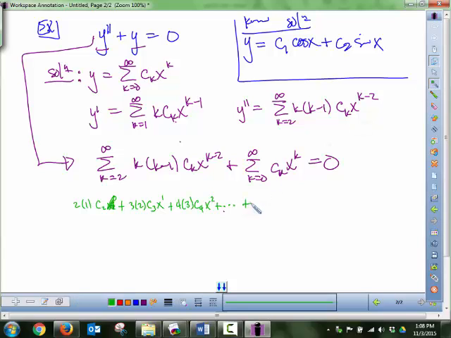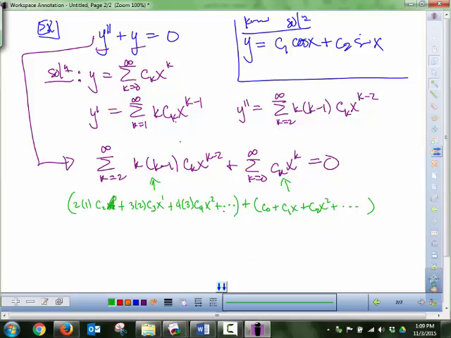Let's see how the second sum is going to look, and we'll see how to match things up. So this is the first sum right here, and the second sum is just the original one. So c sub 0 plus c sub 1 x plus c sub 2 x squared plus, I think we should be good with that.